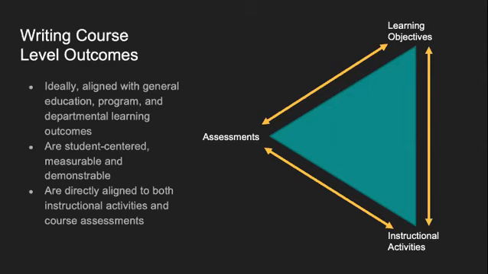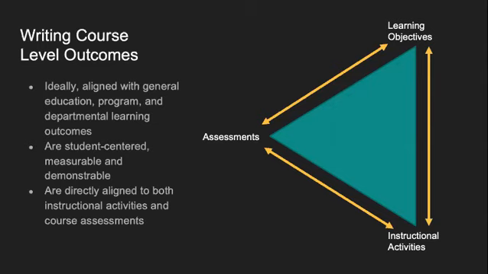Your course level outcomes should always inform and directly align with your planned instructional activities and your assessments. Those outcomes are what should drive the planning in your course. When we start with outcomes, we then know how to develop our assessments, because the assessment tells us whether the student has mastered that outcome.